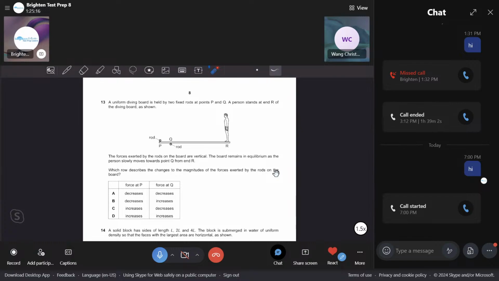Okay, let's see number 30. What does it play with here?